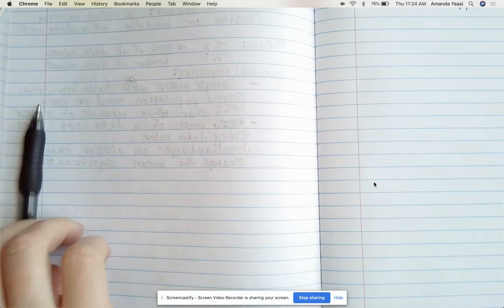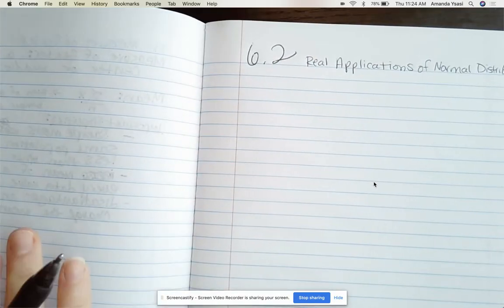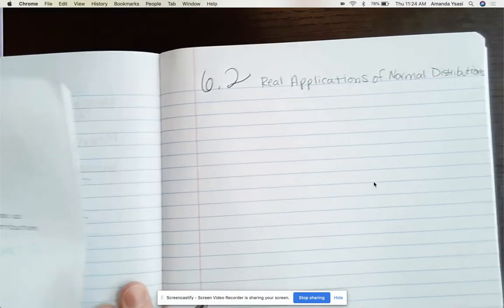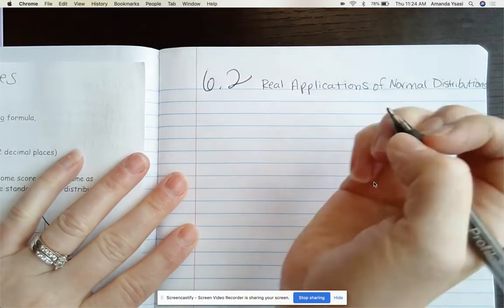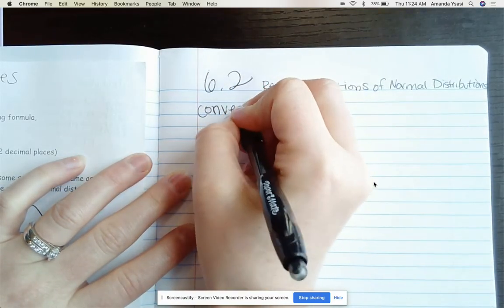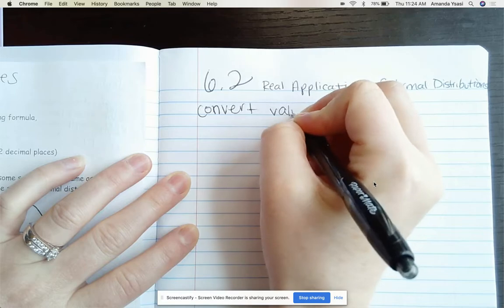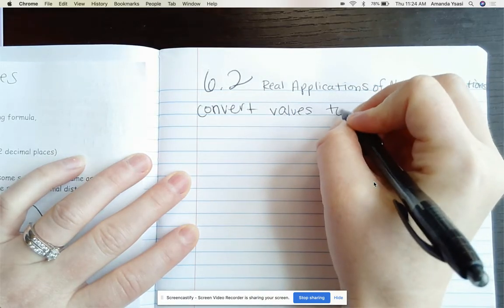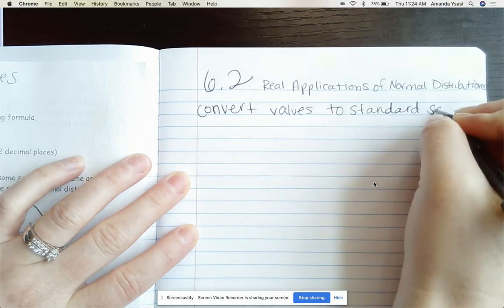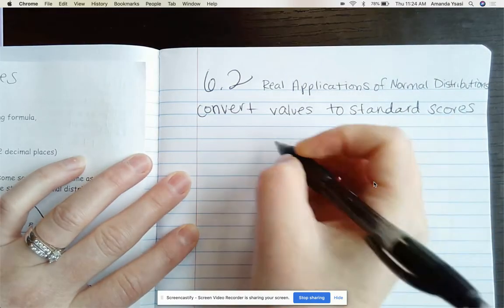Okay. So we have 6.2, real applications of normal distribution. So sometimes we want to convert values to standard scores, the z-scores, remember?